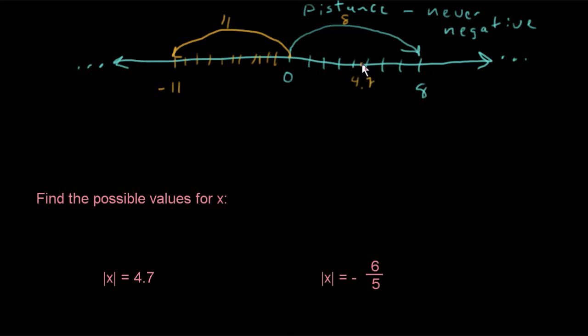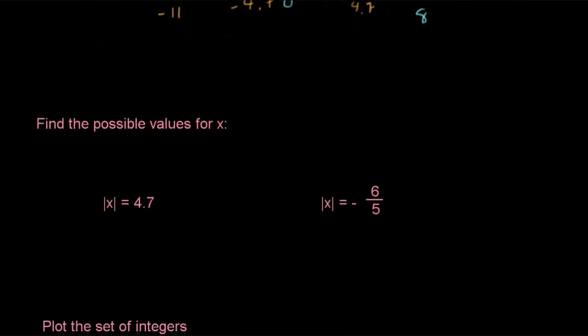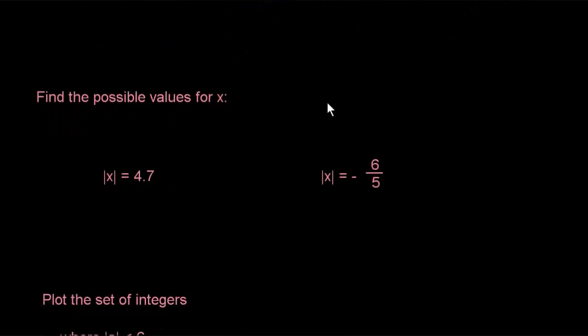Well, if we move 4.7 units to the right of 0, we would be out here at 4.7. So that's one number that's 4.7 units away from 0. Another number that's 4.7 units away from 0 is negative 4.7. So there's actually two numbers that are 4.7 units away from 0.